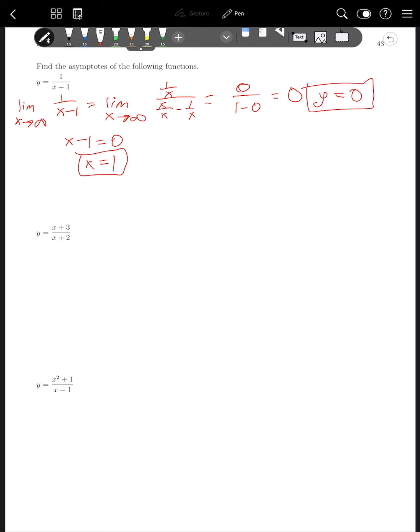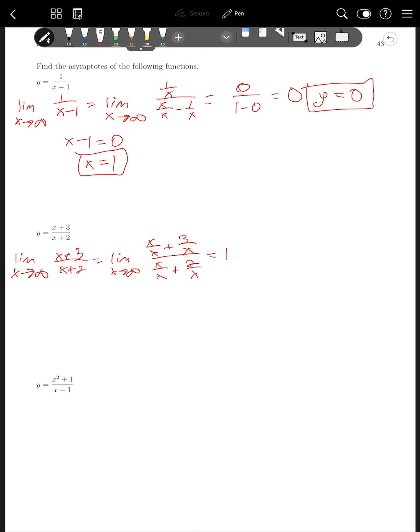Okay. Second one, same idea. Start by finding the limit as x approaches infinity of x plus 3 over x plus 2. So that's the limit as x approaches infinity of x over x plus 3 over x, over x over x plus 2 over x.